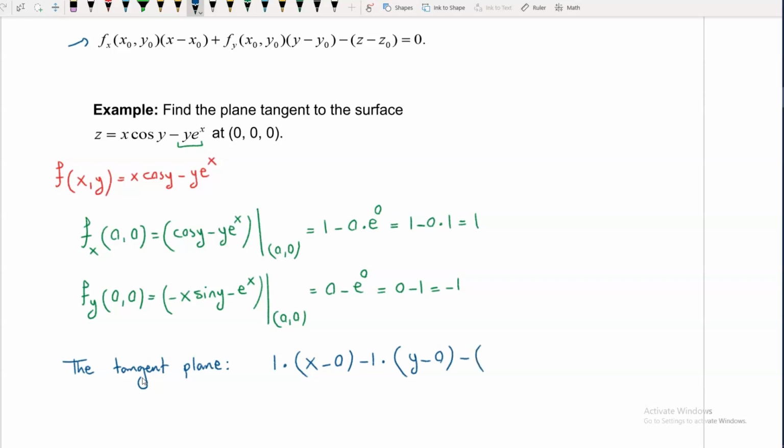Then we have minus z naught, and z naught is 0, so this is equal to 0. So simplify, what we have here is x minus y minus z equal to 0.